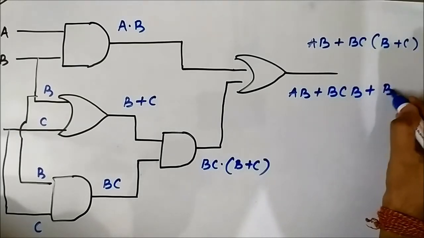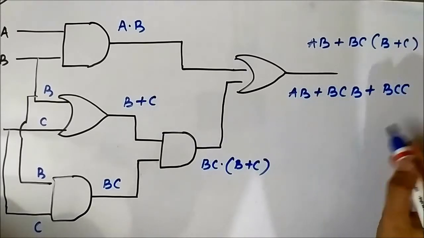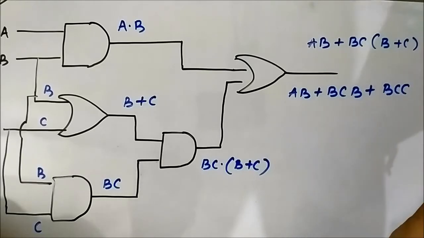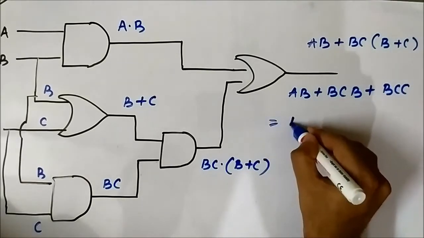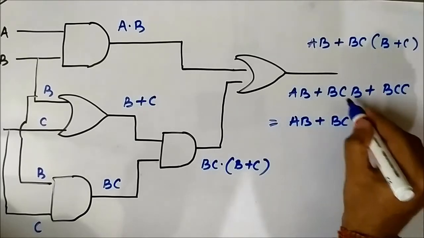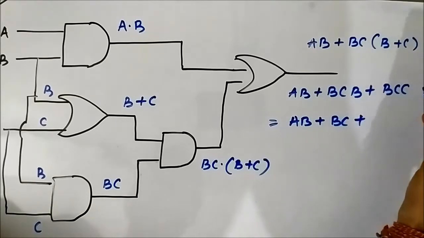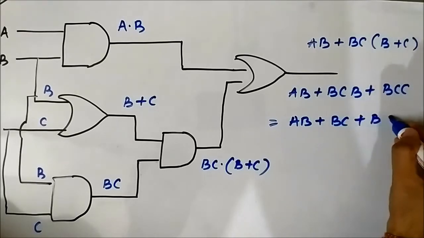Now if we want to further simplify it, it will become AB or BCB or BCC. We know that when two same signals are ANDed together or ORed together, it will result in the same. So it will be AB or BC. B and B will become B, and here C and C will become C, so BC.